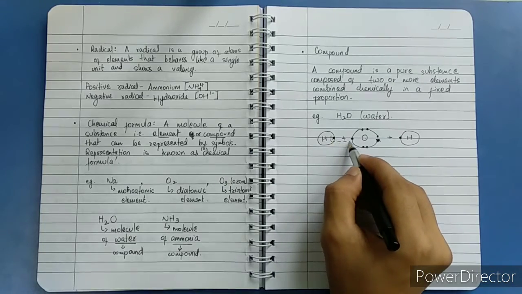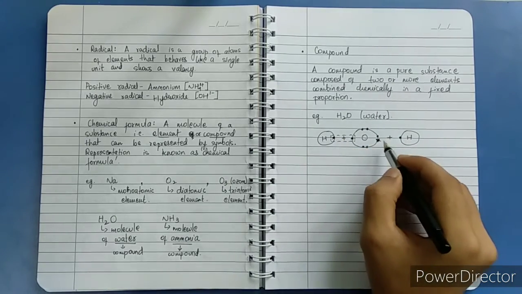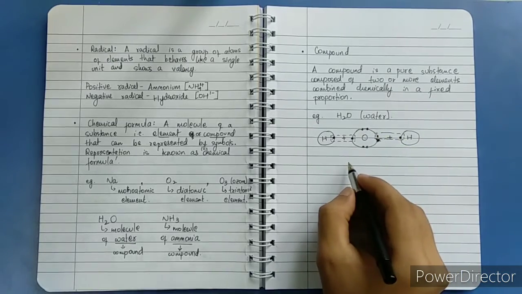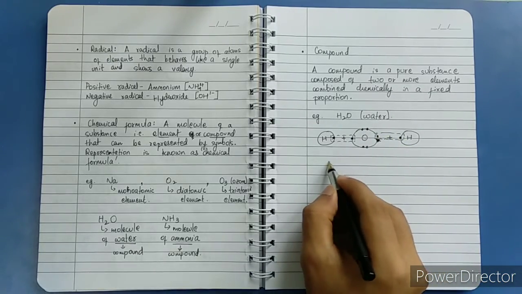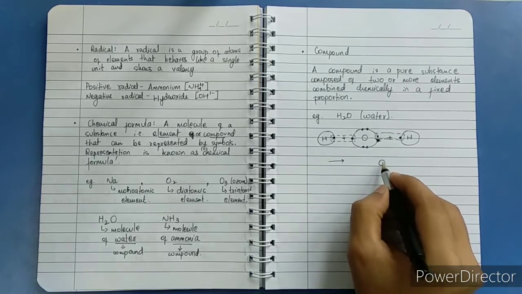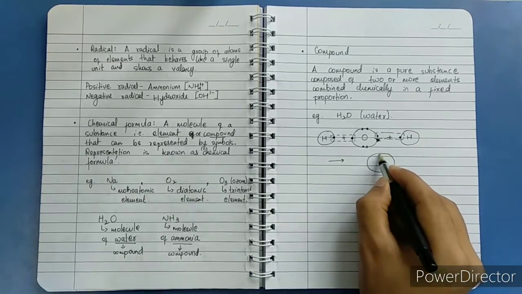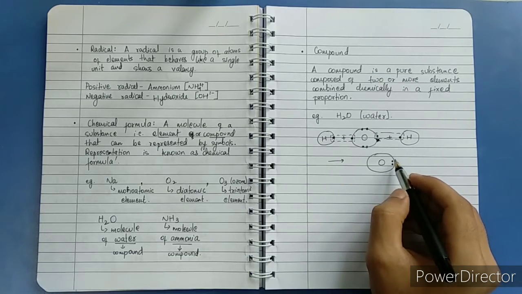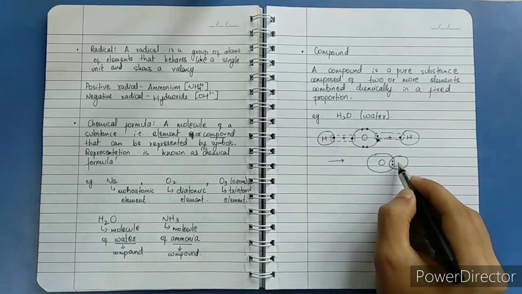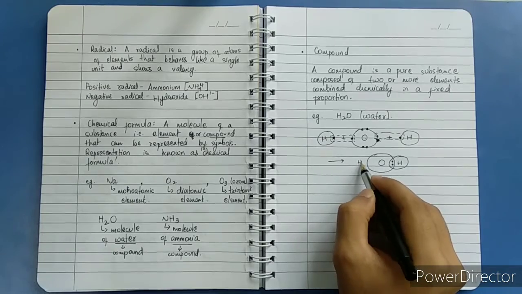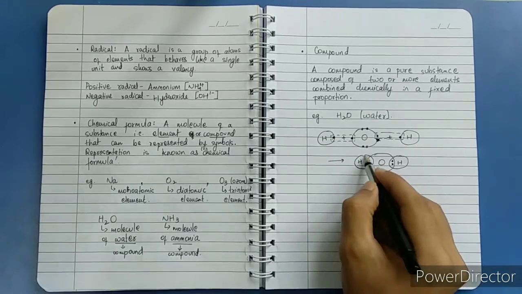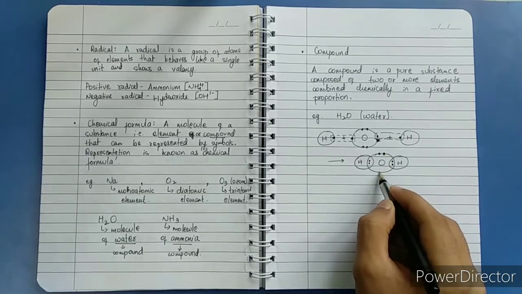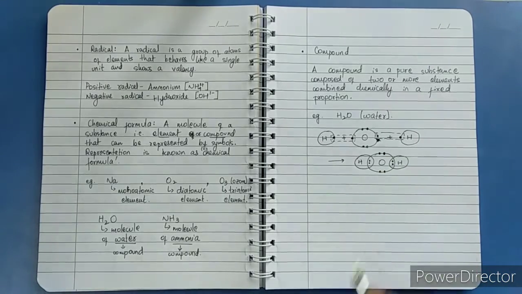So they come together, and what we get as a result is oxygen with 2 electrons over here with hydrogen, 2 electrons over here, 1 of hydrogen, 1 of oxygen, and this oxygen had 4 electrons of its own.